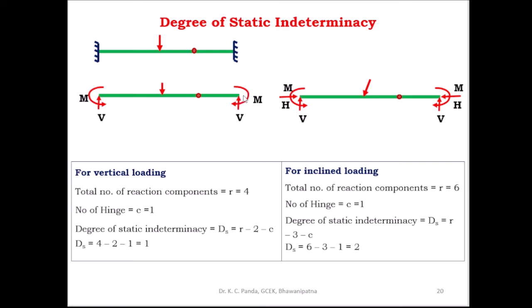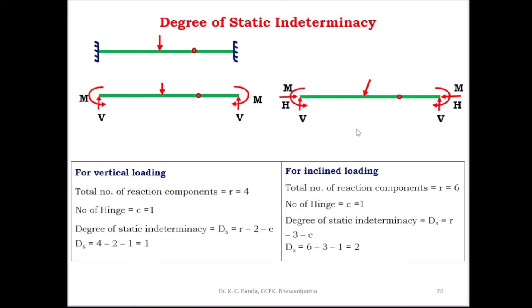The total number of reaction components is equal to 4, and the number of hinges is equal to 1. So c is equal to 1. So the degree of static indeterminacy is ds is equal to r minus 2 minus c. So here r is equal to 4 minus 2 minus 1. So this is equal to 1.